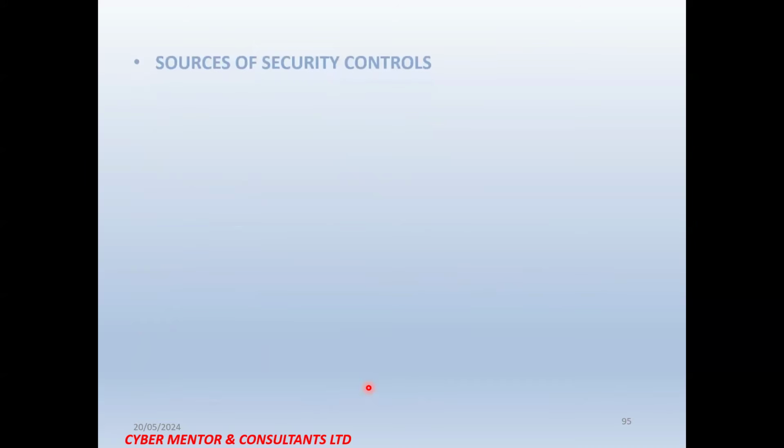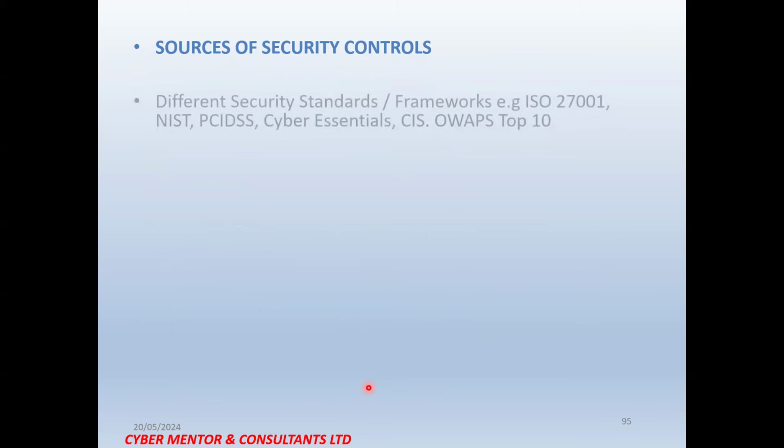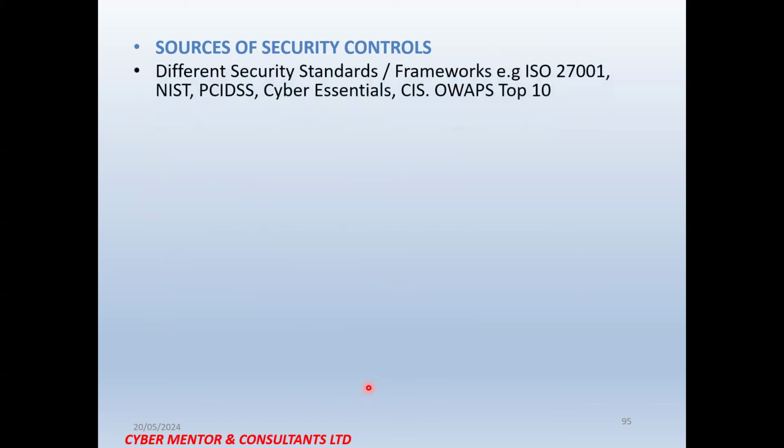So the next one we're looking at is: what are the sources of security controls? I remember sometimes I've been asked, how do you get these controls? It's very simple. The controls are there in the different security standards or security frameworks.